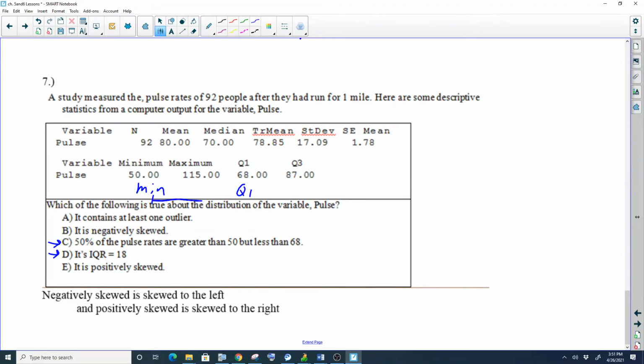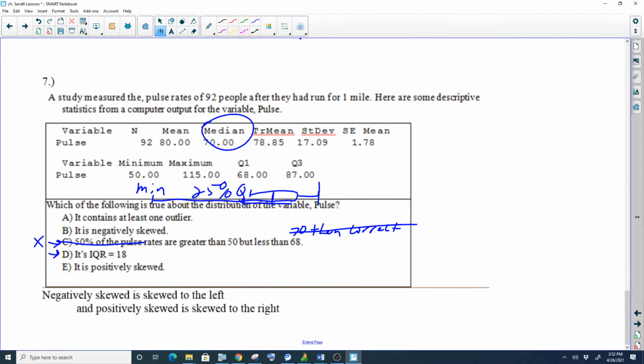Isn't it the minimum to Q1? Then you have the median, and then the maximum. Yeah, it's only 25%, not 50%. If they would have said the median between 50 and 70, then that would have been correct. But it doesn't say 70, it doesn't say the median, it says 68.